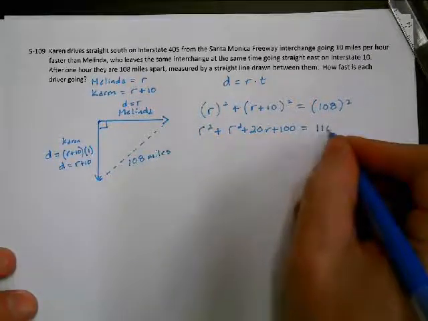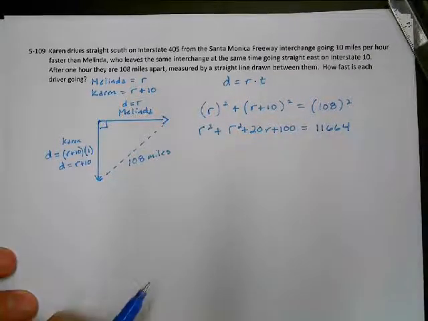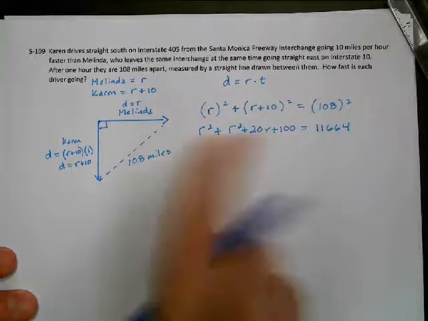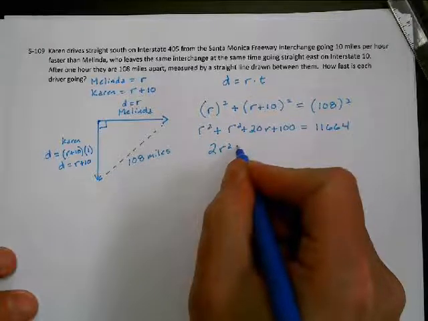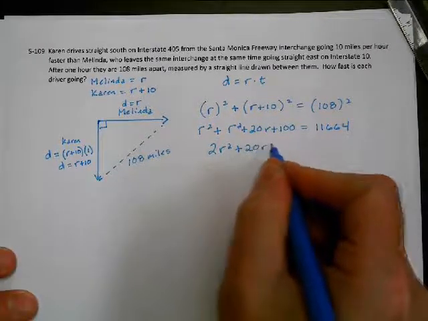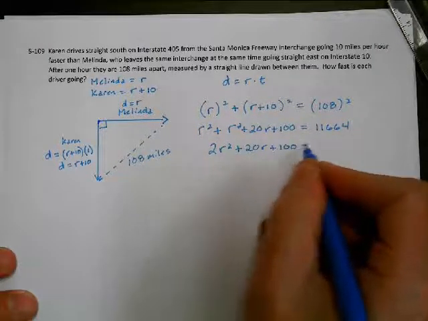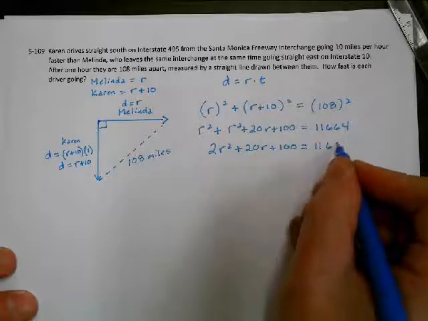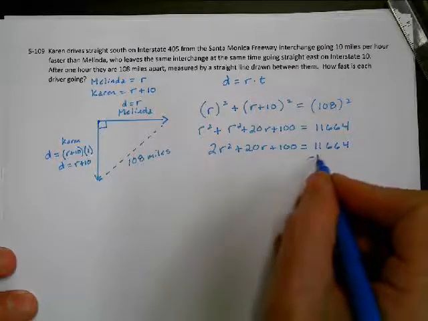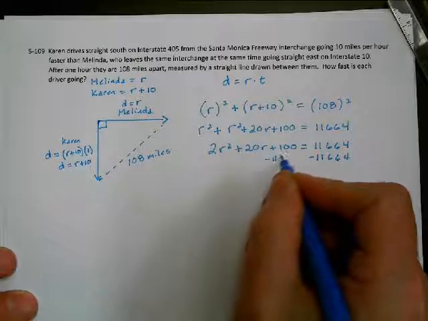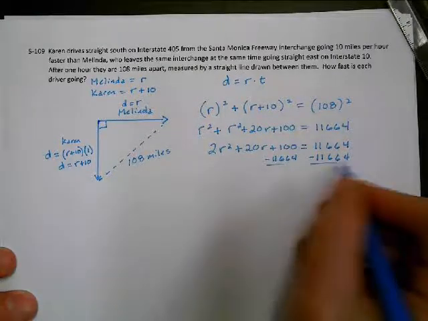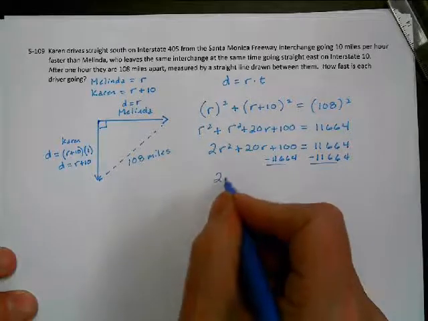Combine the like terms here. We get 2R squared plus 20R plus 100 equals 11664. I'm going to subtract this from both sides. That gives me 2R squared plus 20R, and this is negative 11564.